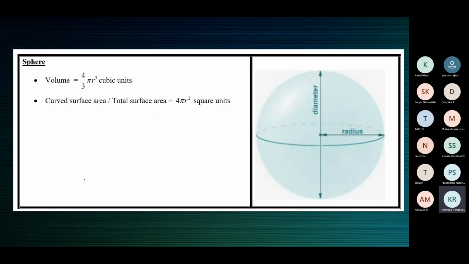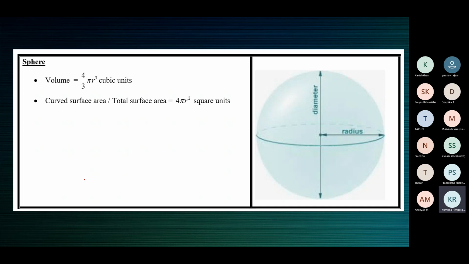Anything spherical is called a sphere. For a sphere, you cannot differentiate between the curved surface area and the total surface area. The entire thing is surface area. So whether it is curved or total, it's the same in the case of a sphere.